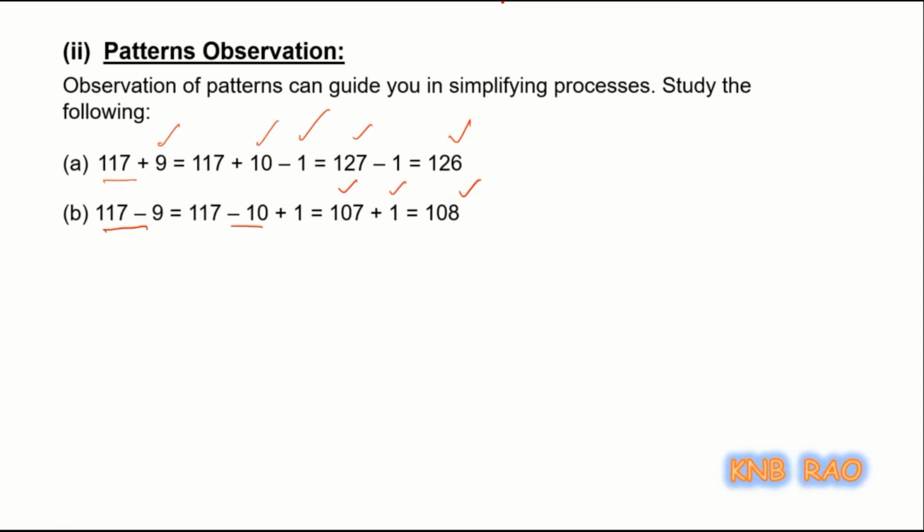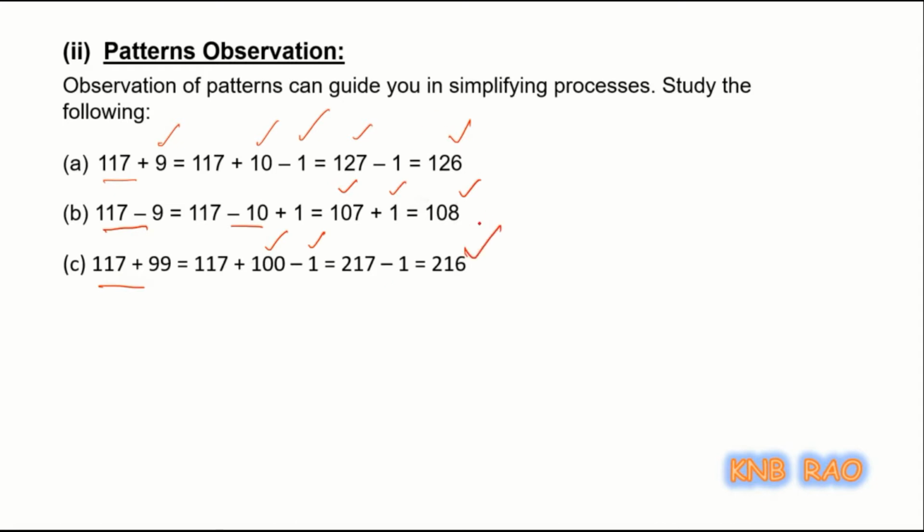Similarly, adding 99 to any number is first adding 100, then taking away 1 from it. So, 100 more than 117 is 217 and 1 less than that is 216.